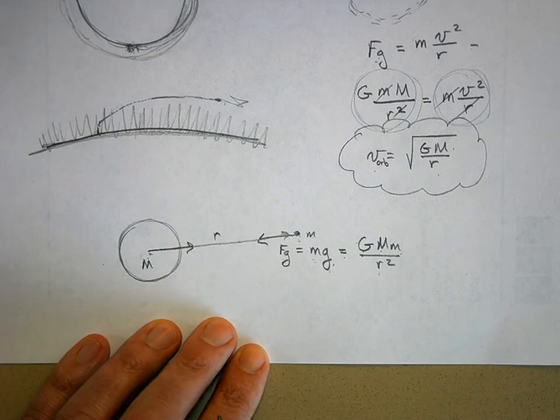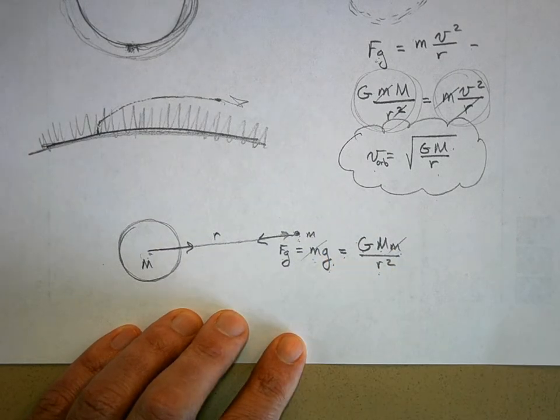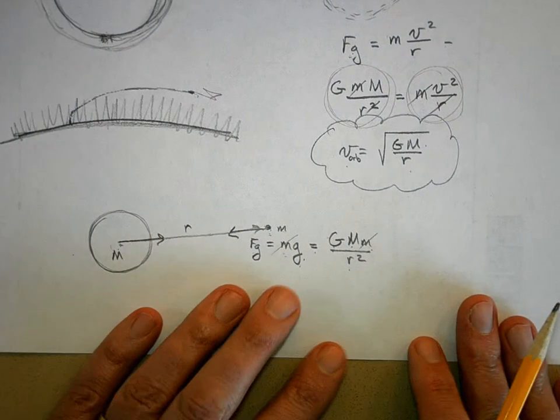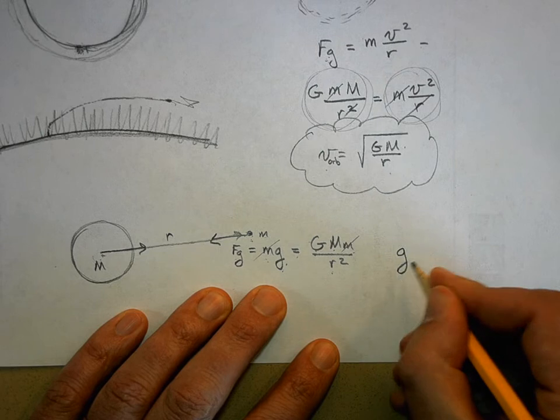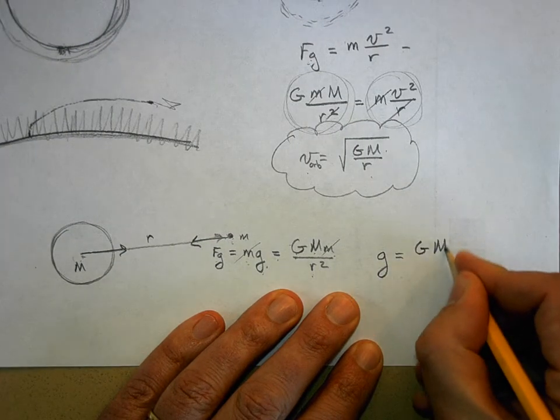Well, all you have to do is cancel out the mass of my satellite, and I've got an equation for the acceleration of gravity above the Earth's surface. The acceleration of gravity above the Earth's surface is equal to big G times the mass of the Earth over r squared.